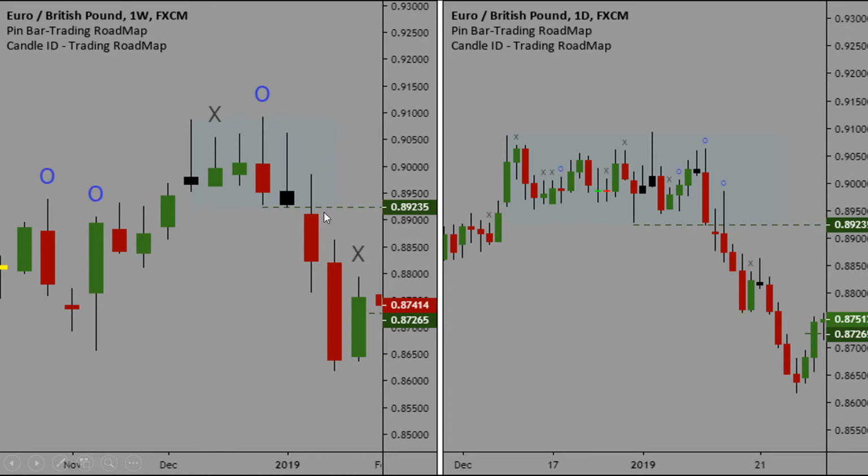You have two options here. You can use this pin bar entry point, and then you can have your stop loss here. That's one of the ways that you can use it. The other way, once you have the trigger here, you might go to the lower time frame, where you might miss the first opportunity here, but then you enter on the second one, and you're going to have a stop loss somewhere here.